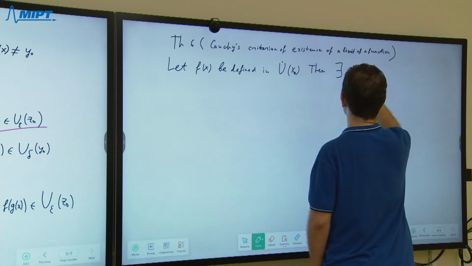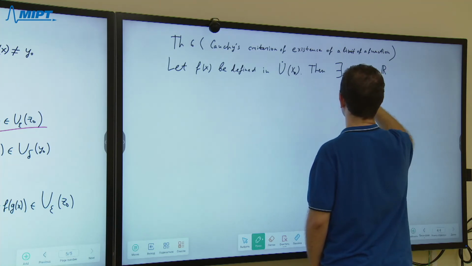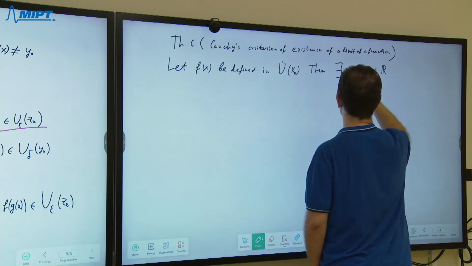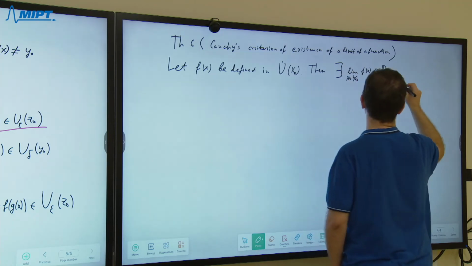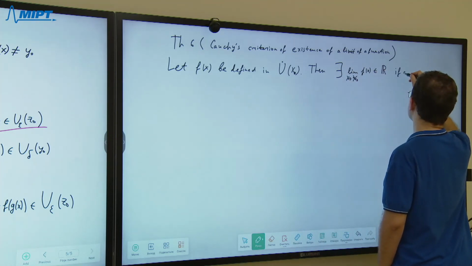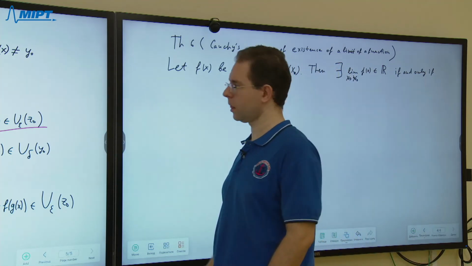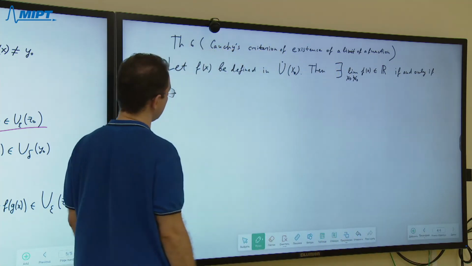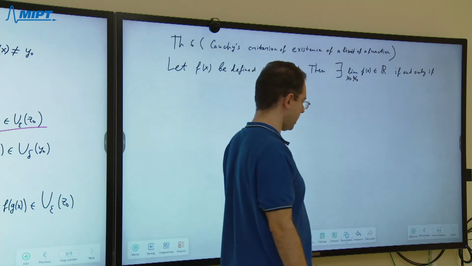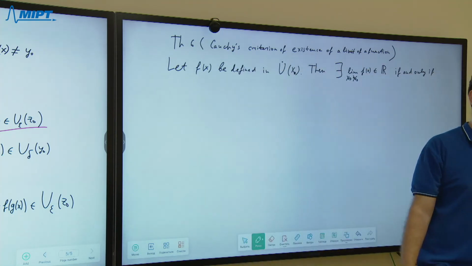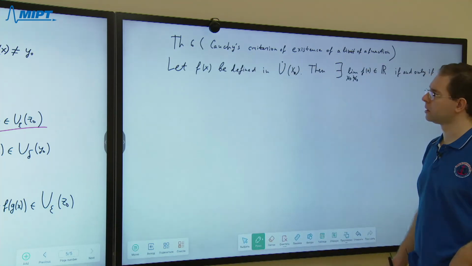There exists a finite limit of f of x, a finite real number, as x tends to x0, if and only if the next line holds, which is called Cauchy's condition.